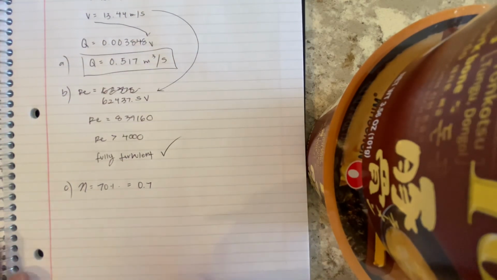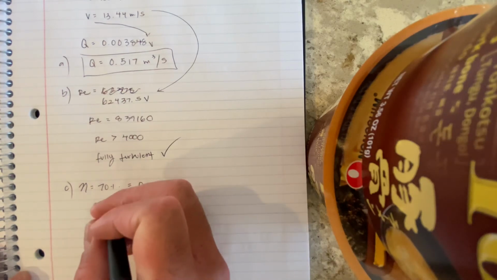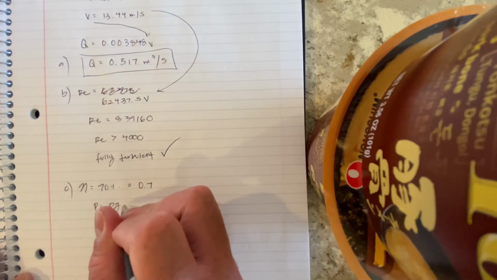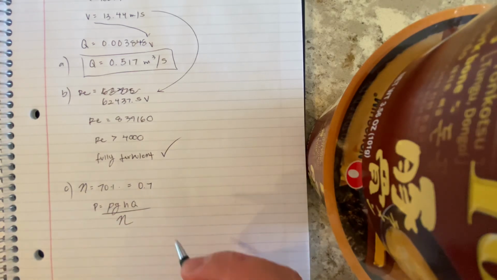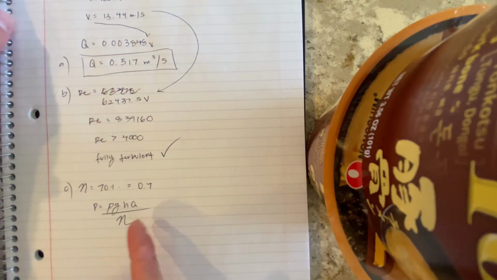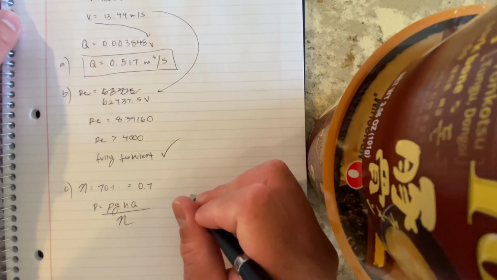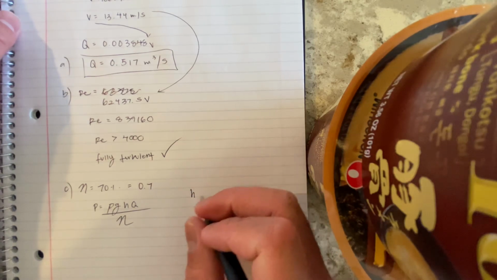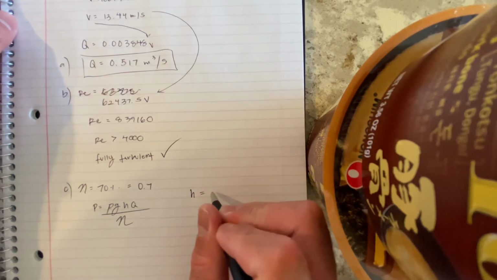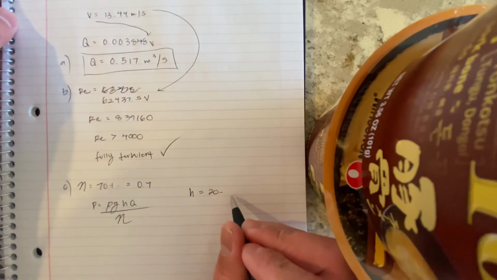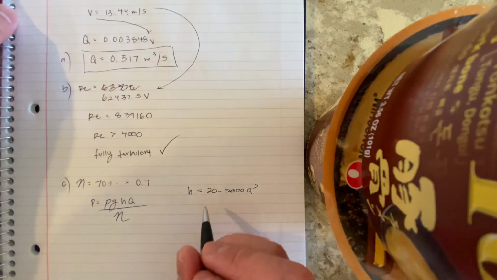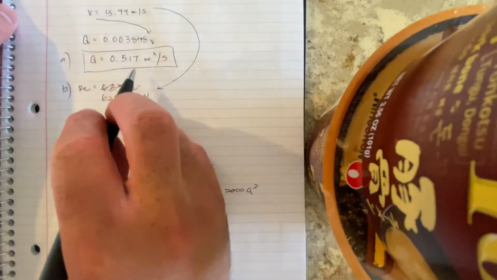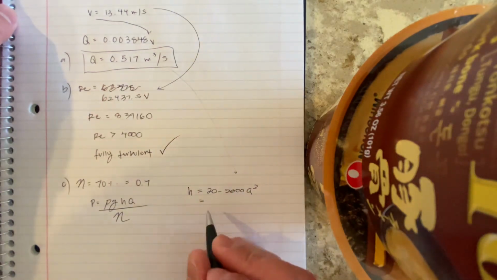P, or power, is equal to rho g H Q over efficiency. But then we don't know what H is, so we'll use H, since that was given, H_p is equal to 20 minus 2000 Q squared. Plug in our values, use that Q.